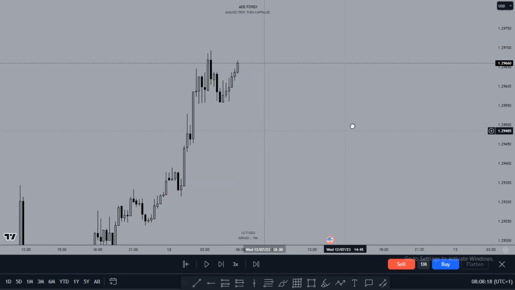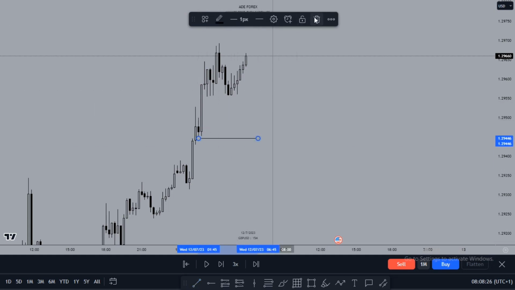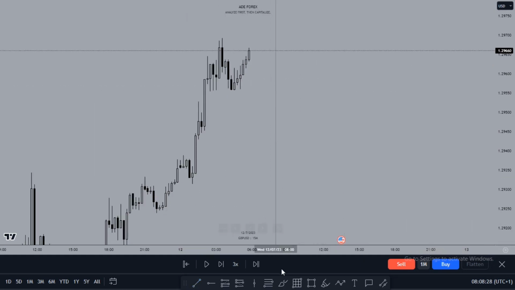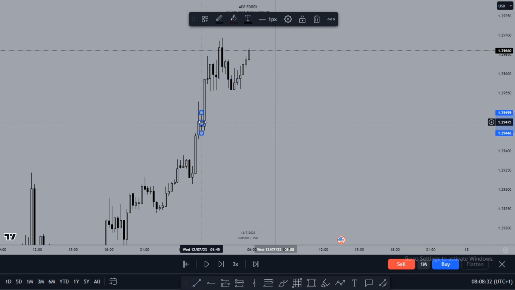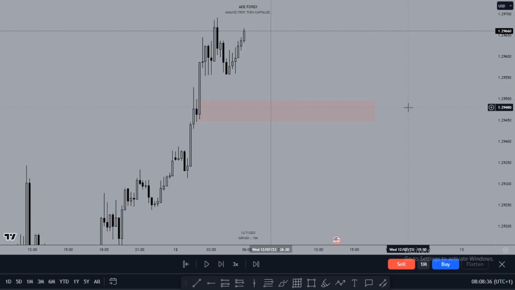What I was expecting was to use this particular area as an inducement. I was expecting to see how the market will react when it gets to this area, and I had my confirmation and everything ready.